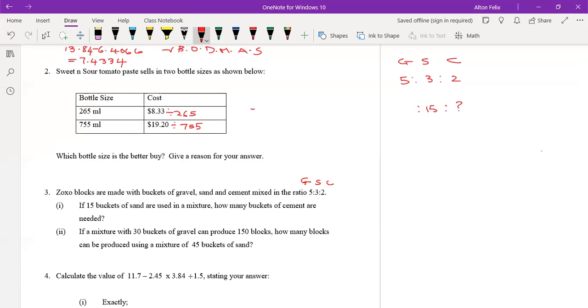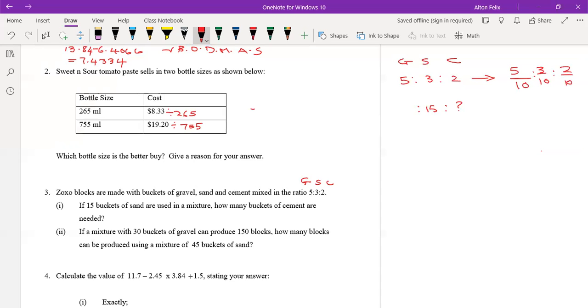All right, so let's look at the ratio first. Now we want to compare. If you are mixing using this ratio in your mixtures, then notice that in total you have 10 parts, right? So the gravel will be 5 out of 10, which is really half the mixture. The sand will be 3 out of 10, and the cement will be 2 parts out of 10.